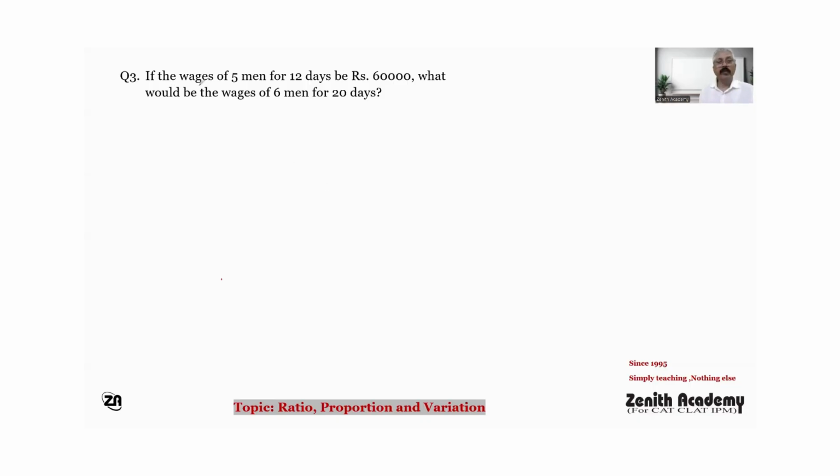If the wages of 5 men for 12 days be rupees 60,000, what would be the wages of 6 men for 20 days? Look at this question. 5 men for 12 days, wages required 60,000.